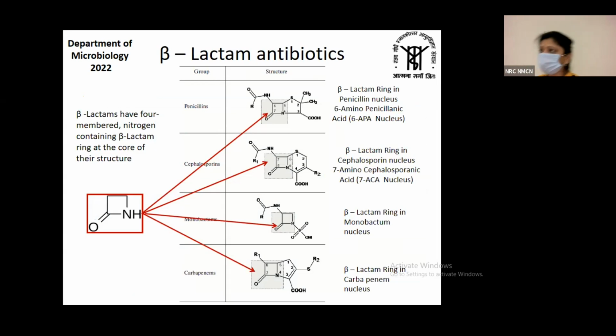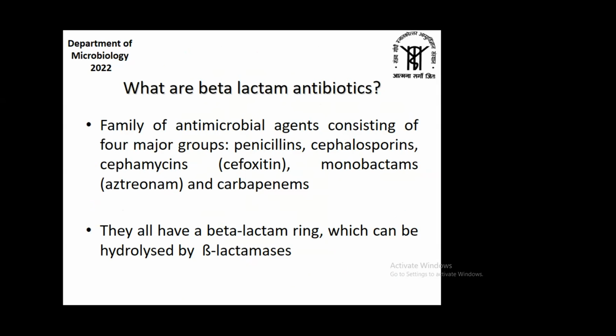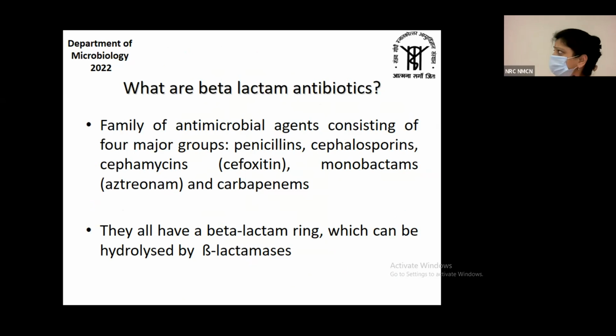I'm not going into the details of what beta-lactam rings are, but we all know that they have a nitrogen containing ring at the core of their structure. As given in the antibiogram, they can be penicillins, cephalosporins, cefamycins such as cefoxitin. Cefoxitin was susceptible in this E. coli isolate. Monobactams such as aztreonam, and imipenem, meropenem and ertapenem, right?